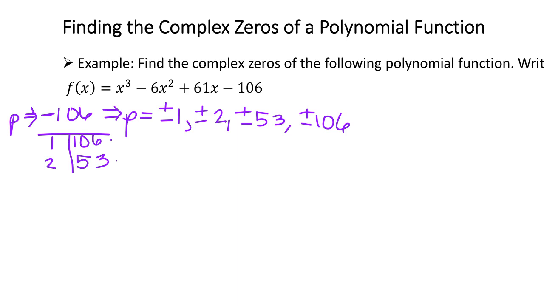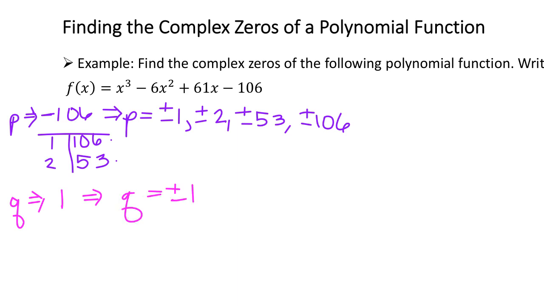Next, we will look for possible values for our q. For that, we use the term that created our degree, our highest power, or our a sub n. So if our degree is 3, our n is 3, a sub 3 with x to the third. In this case, our q is just 1, so that really just gives us plus or minus 1 for our q values.